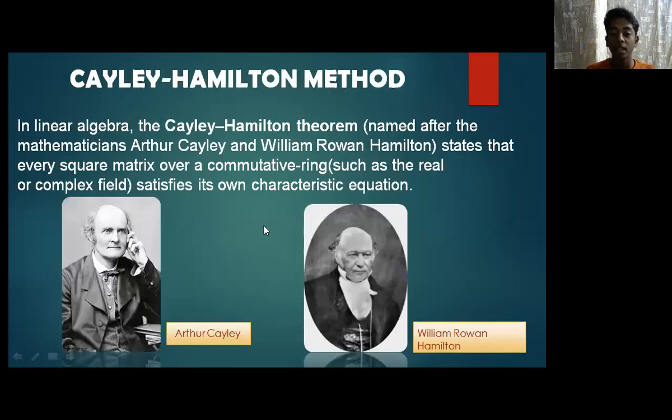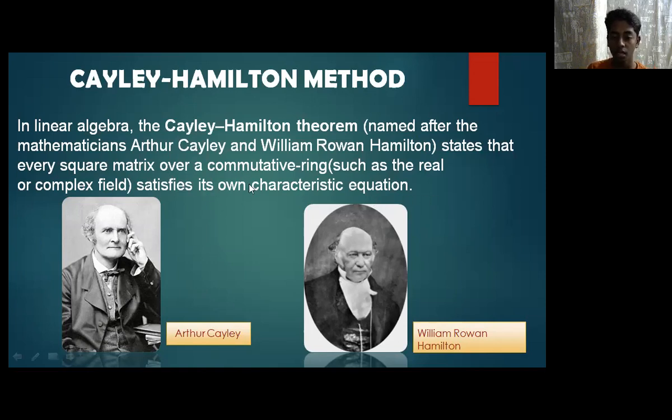Cayley-Hamilton theorem. In linear algebra, the Cayley-Hamilton theorem, named after the mathematicians Arthur Cayley and William Rowan Hamilton. These are the two mathematicians because of whom the Cayley-Hamilton theorem was named, which states that every square matrix over a commutative ring, such as the real or complex field, satisfies its own characteristic equation.